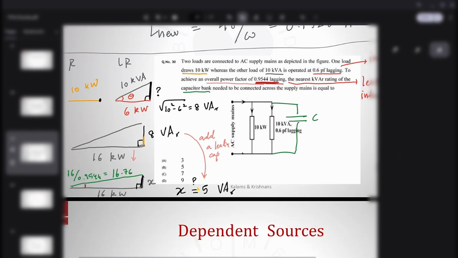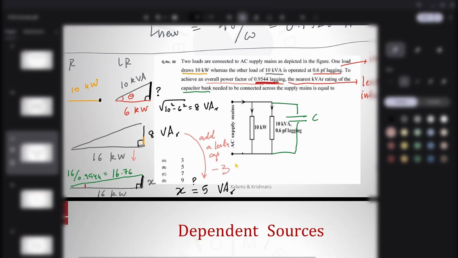You are bringing it down by -3 volt amp reactive. This is the correction you need to make so that it becomes 0.9544, and that is also your answer that you're trying to solve for. The negative sign here says the capacitor is pointing downwards. No base, height is negative.